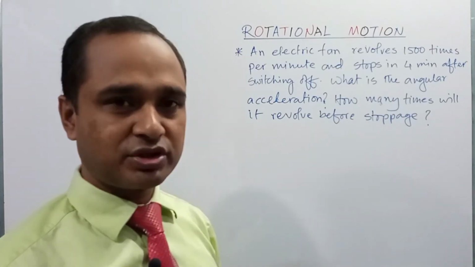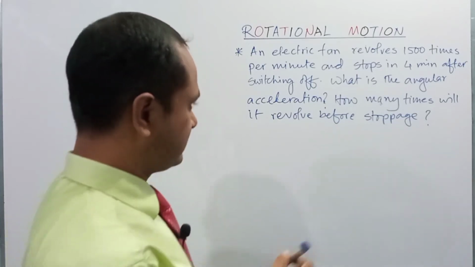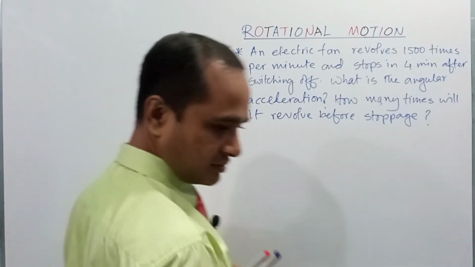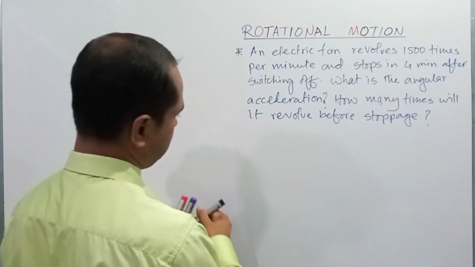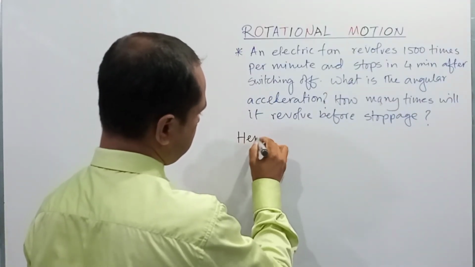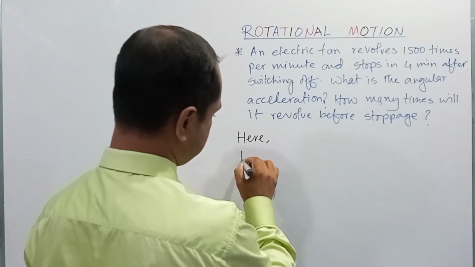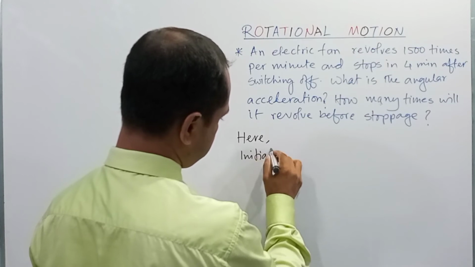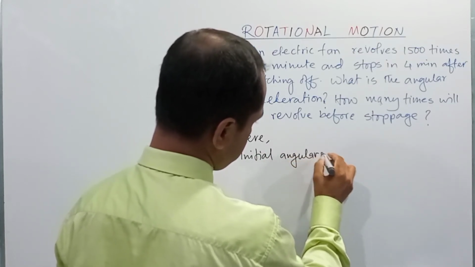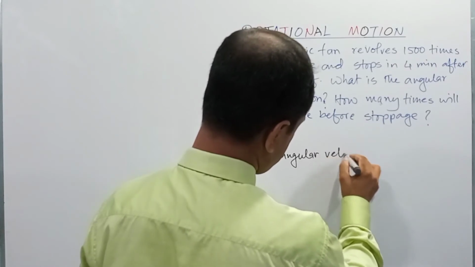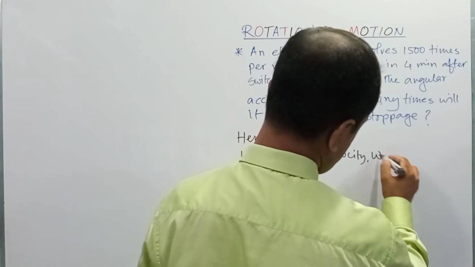From this we can determine the initial angular velocity of the fan, which is denoted by omega naught.